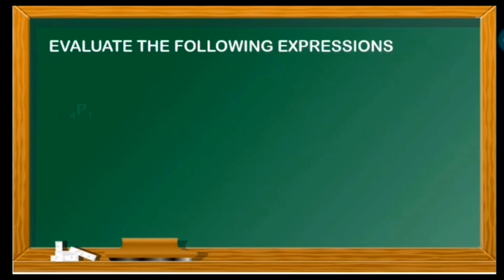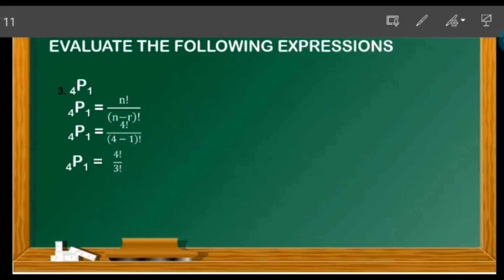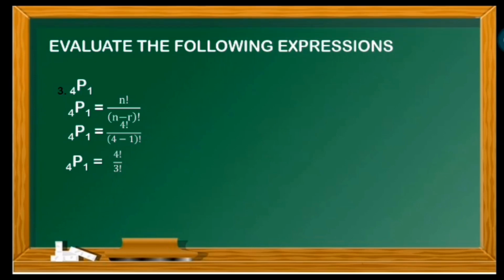Let's evaluate the last problem. So 4P1. According to the rules, our r is equal to 1. So copy the formula, then substitute. So 4 factorial over (4-1) factorial. We're going to subtract first our denominator. So 4 minus 1 is equal to 3 factorial.